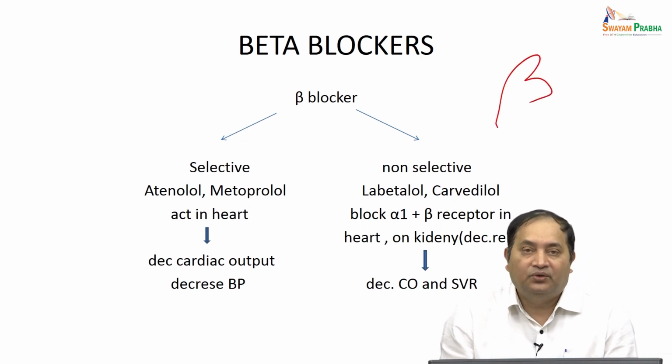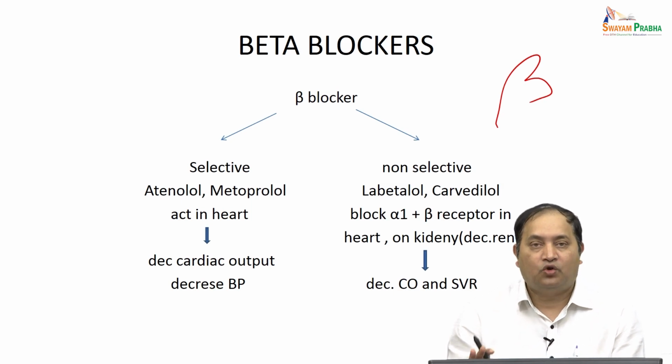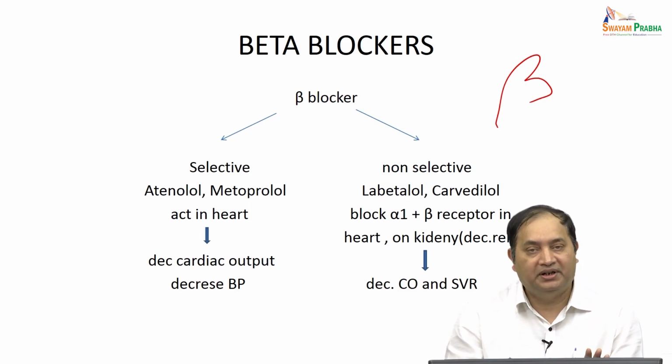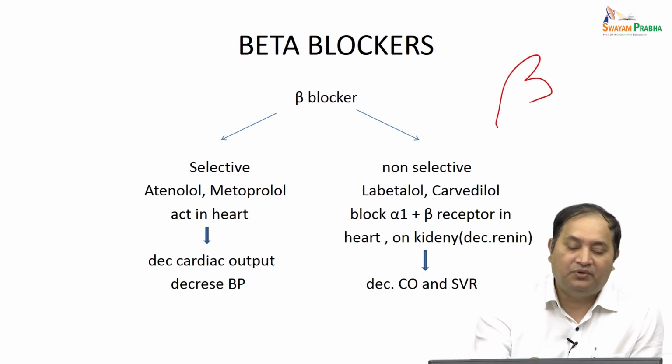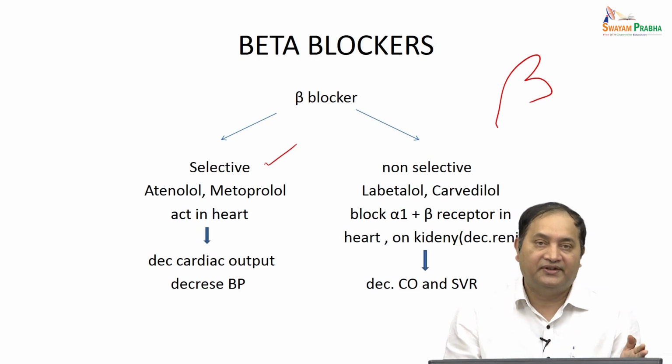As you can see, we have selective beta blockers and we have combined beta blockers, acting on beta 1, beta 2 and alpha receptors also. Take an example of selective beta blockers. The most commonly used selective beta blockers are atenolol and metoprolol. They act on beta 1 receptors in the heart.